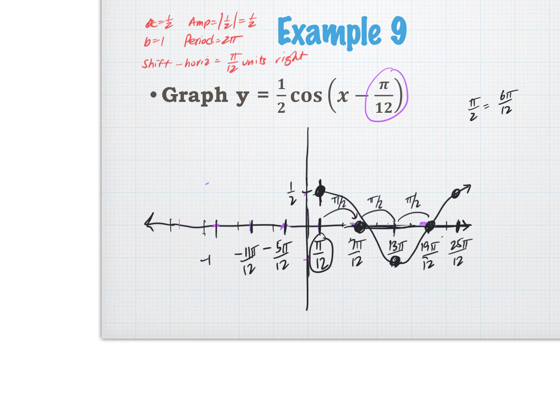The next one's going to be negative 17 pi over 12. And the next one's going to be negative 23 pi over 12. And again, we get the same answers, and we can still do our thing here, down to half, up to 0, and then back up to the half. And you get your two cosine waves.